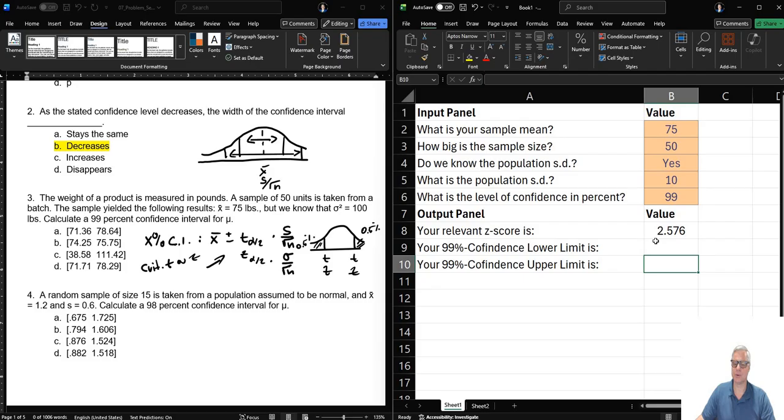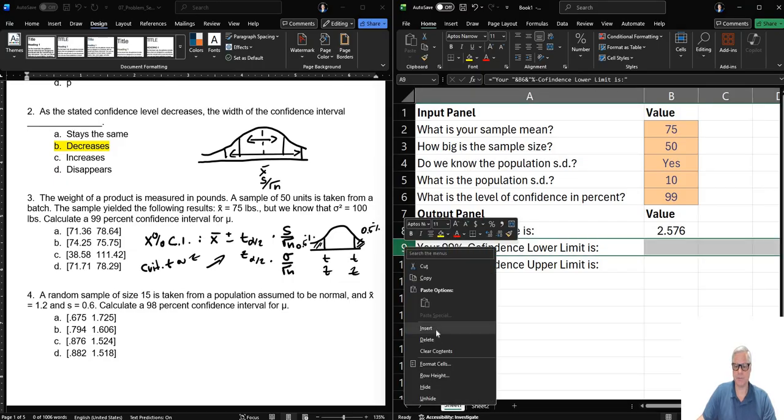Okay, so now we just can enter the corresponding formula. So the lower limit is equal to, so we enter equal, we go to the mean, and then for the lower limit we do minus the relevant z-score, the 2.576, times the standard error. And the standard error, we could actually make a separate information for that.